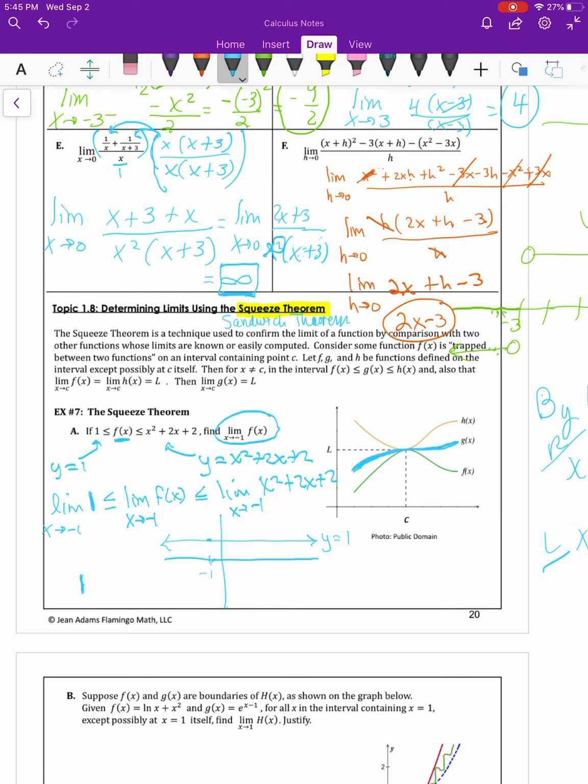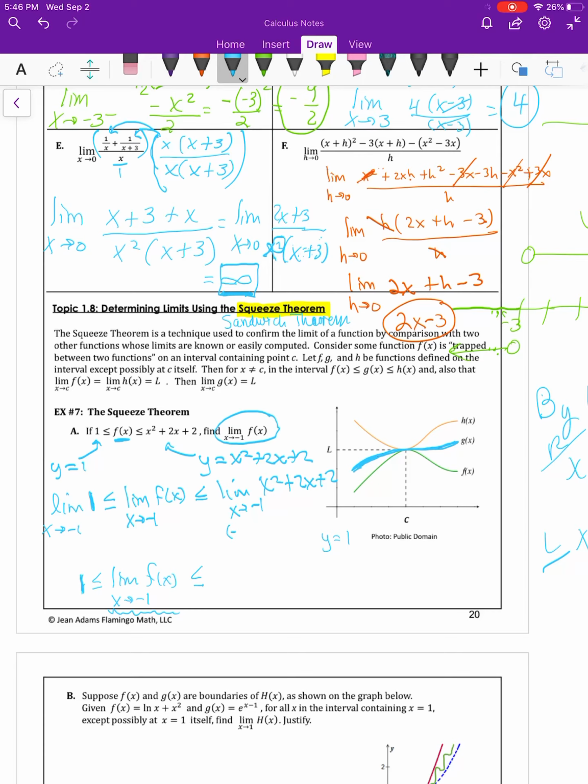Now, limit as x approaches -1 of f of x, and then limit as x approaches -1 of x squared plus 2x plus 2. So what is the limit of the third thing? Because I'm looking to see if I can figure out what this is sandwiched between. And I'm going to erase this graph right here and keep going. So I'm trying to see, is this limit sandwiched between anything that I can decipher?